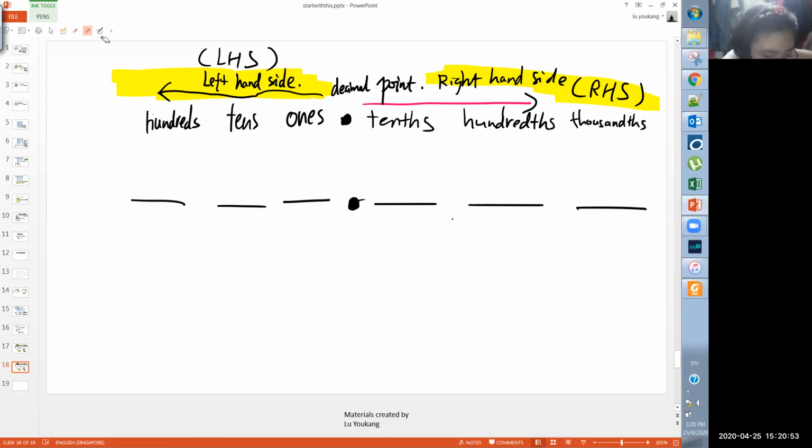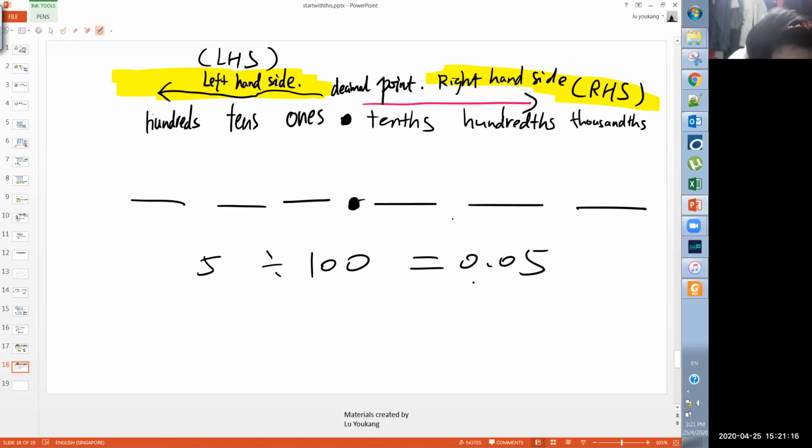Now, what about if I start with 5 and divide by 100? What do I get? You use your calculator. What do you get? 0.05. Very good. 0.05. So where do you place your first 0, second 0, and 5?